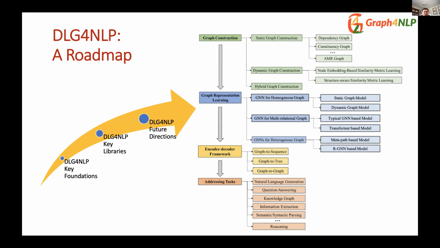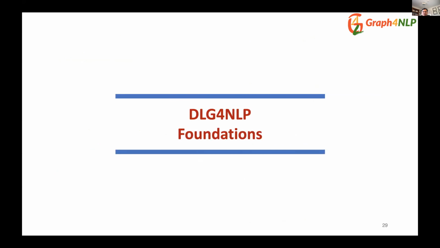Finally, we'll go through many different applications to illustrate how to leverage the power of graph nets to tackle various NLP problems. Later we will talk about our key library, the GNN library, which is the first library developed for this domain. And finally, we will conclude this tutorial with future directions. With that, I will give the floor to my colleague Yu to continue this topic.